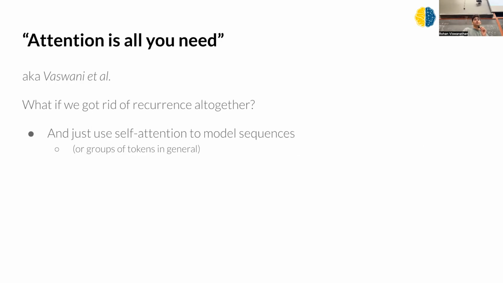Attention Is All You Need was a paper by Vaswani and a couple of other authors. What if we got rid of recurrence and used self-attention to model sequences, where we can use the information contained in a certain sentence or groups of tokens that are present in our sentence to come up with some kind of informed way of weighting different parts of our sentence.